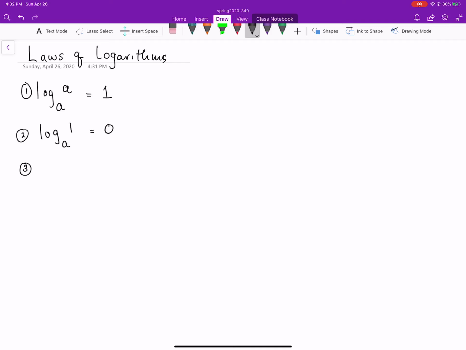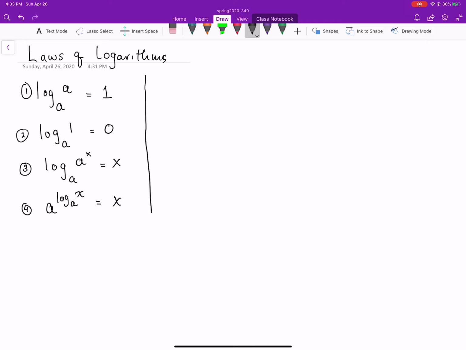The third property was log base a of a raised to the x. We said the outcome was x. Then the fourth one was a raised to log a of x, and we said the outcome was also x. So these are the 4 log properties that we looked at.